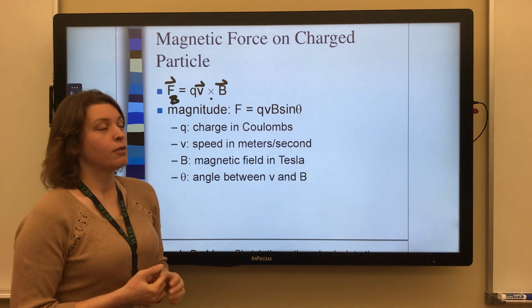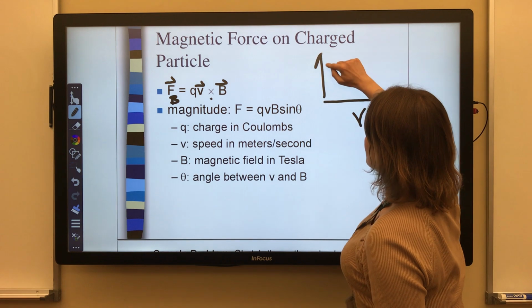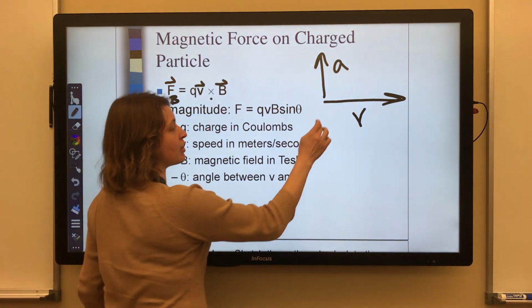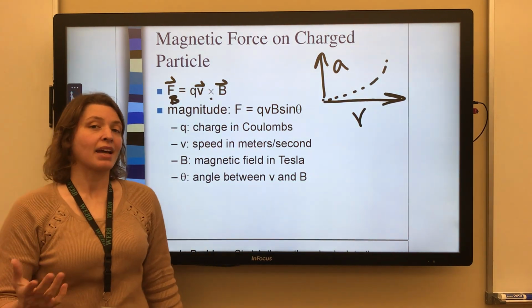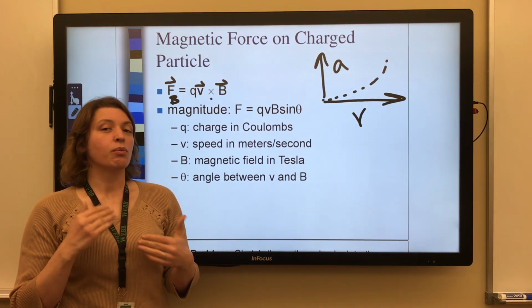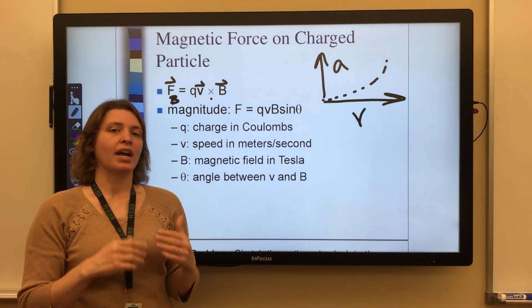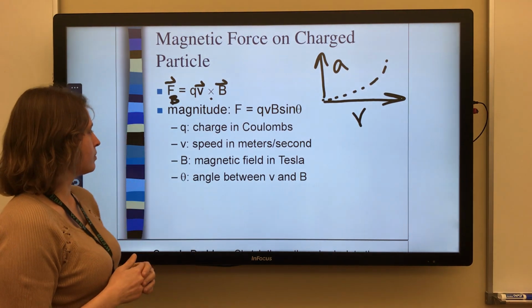And if our force acting on an object is always perpendicular to its direction of motion, then we might change the direction of motion, but we won't change the magnitude of that velocity, which is why we're not changing the speed of an object. When we have no alignment with our acceleration or our velocity vectors, we're going to have an object moving in a circular or helical path.